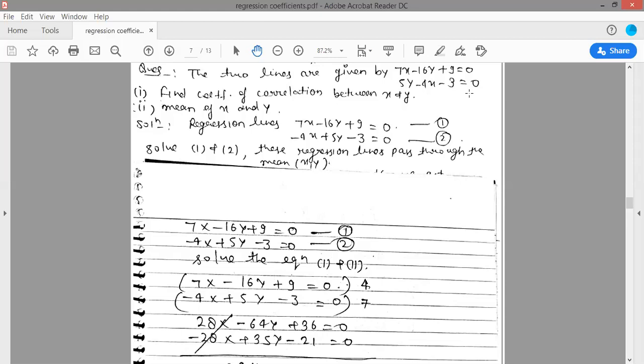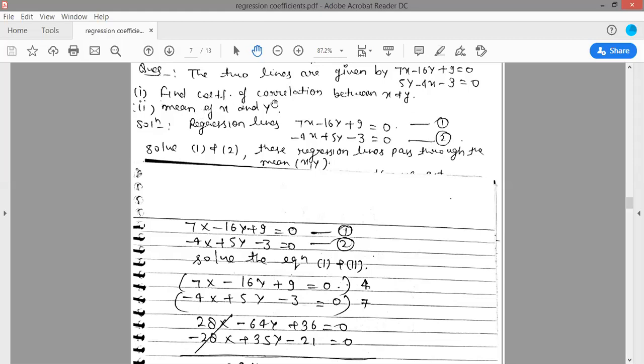And here the lines are given, and you have to calculate your coefficient of correlation and the means of x and y, right? Further we will discuss other examples, but for now just focus on this one. The regression lines are 7x minus 16y plus 9 is equal to 0, and so on.